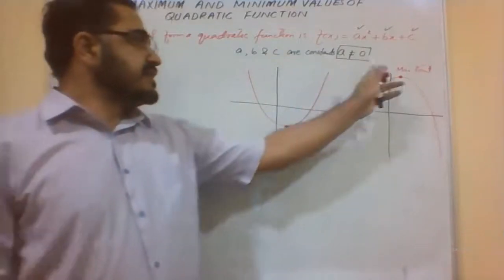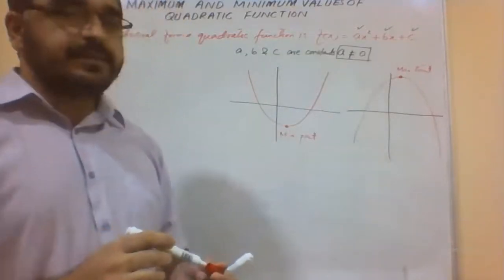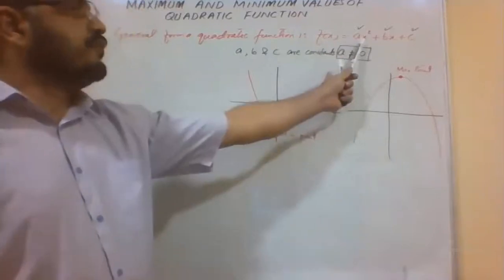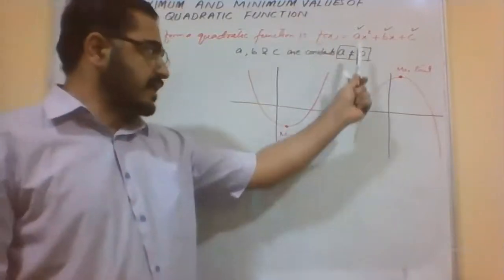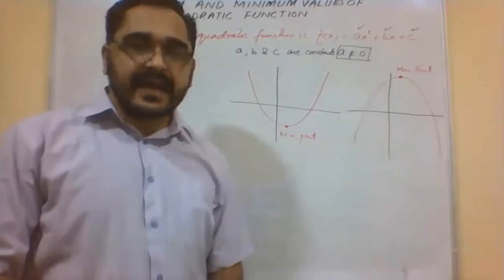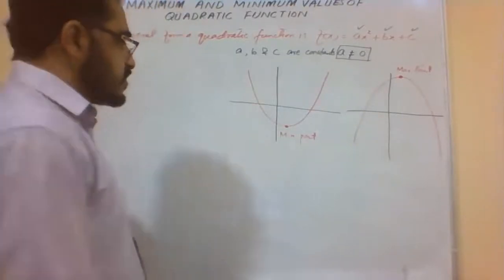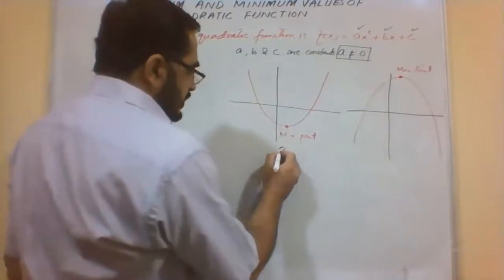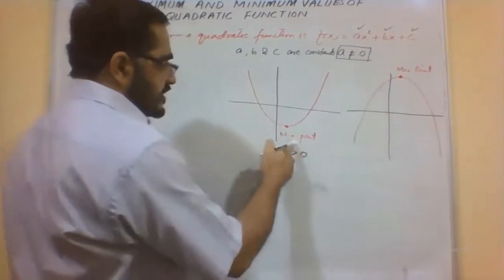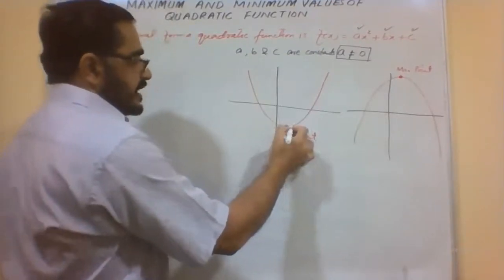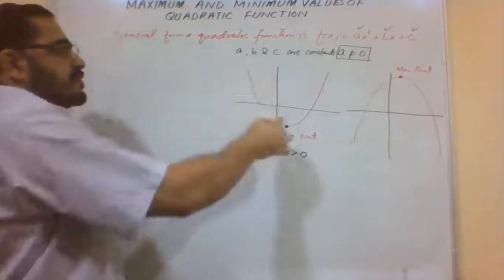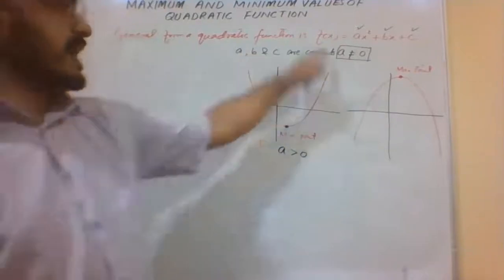This minimum and maximum point depends on the coefficient of x square, that is a. When a is positive, that is a greater than 0, then we will get the minimum point, and the shape of the graph will be like this.